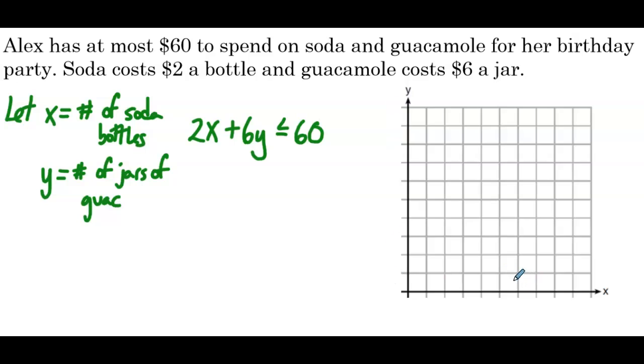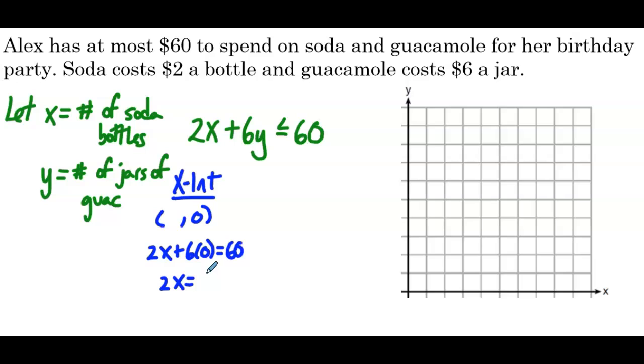Now we need to figure out how to scale our axes. We'll do that by finding the x- and y-intercepts again. So the x-intercept, when y is 0, we'd have 2x plus 6 times 0 equals 60. Again, just turning it into an equation for these computations. So 2x equals 60, x equals 30.